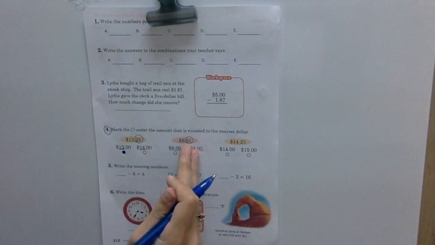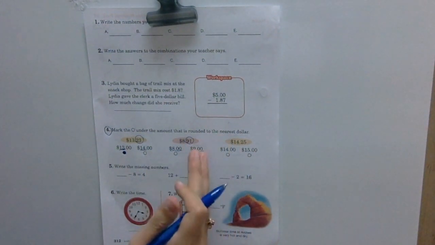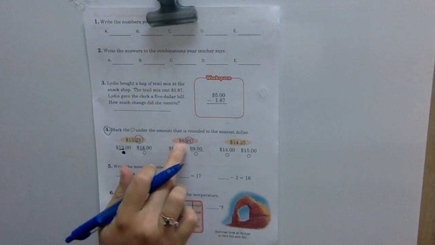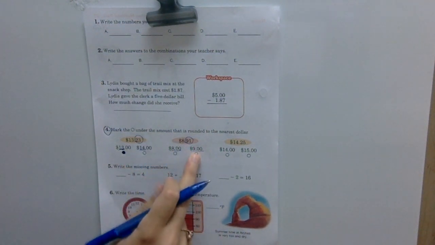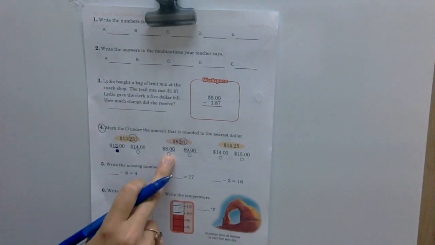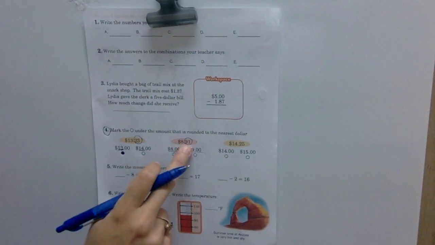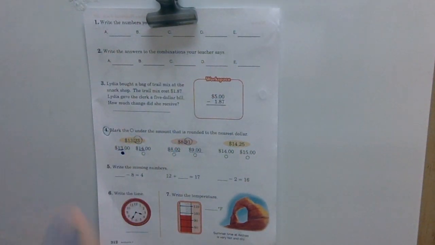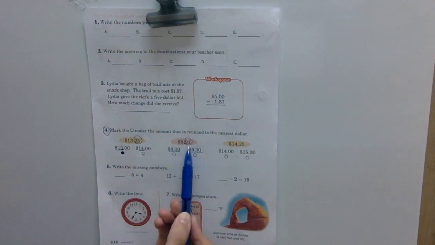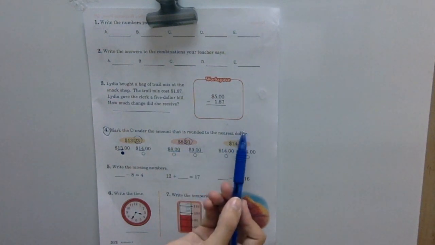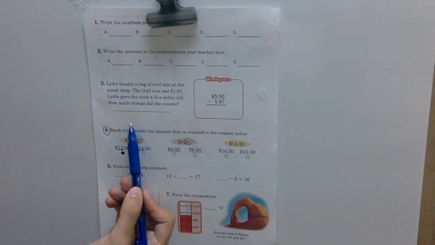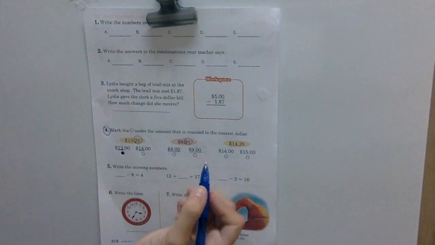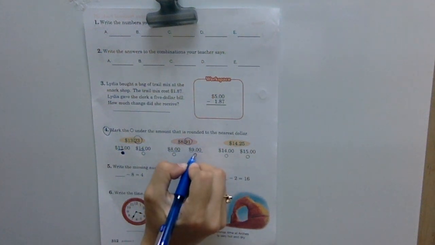Is it closer to 100 cents, where I would go up $1 and say, oh, this $8.91 is closer to $9 than it is $8? Or is this 91 cents closer to 0, where we would say, actually, this amount is probably closer to just $8 instead of $9? 91, is it closer to 100 or closer to 0? It's going to be closer to 100. Very good. So we're at the $9 mark.